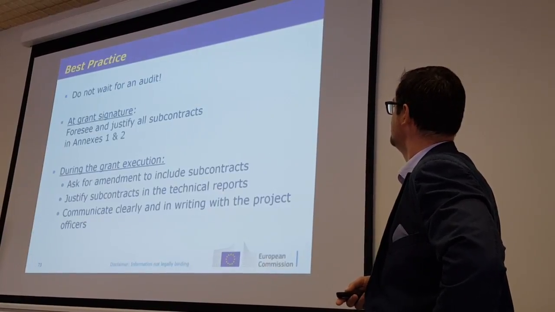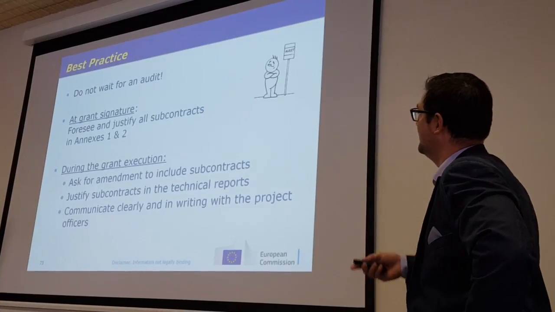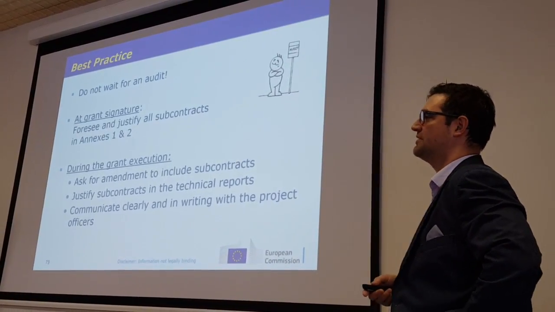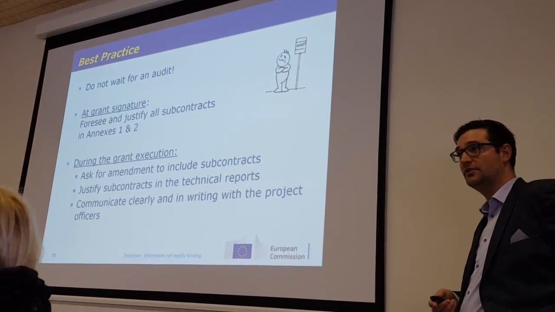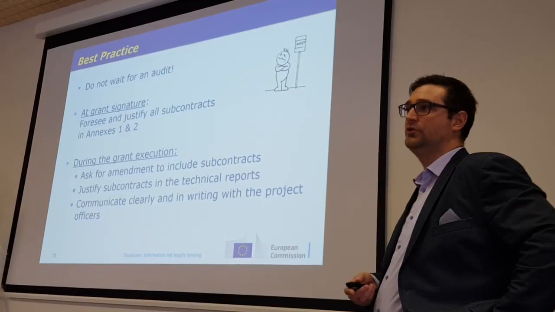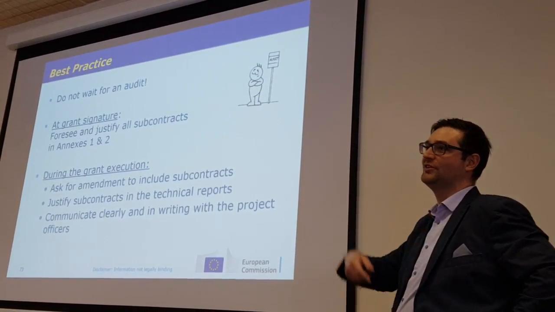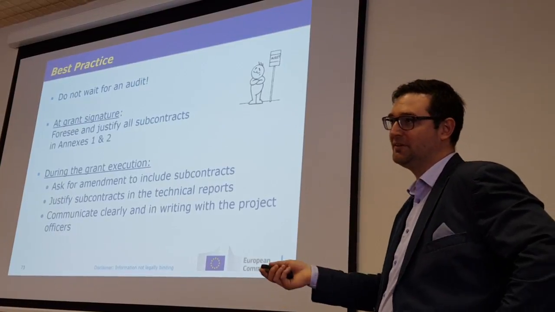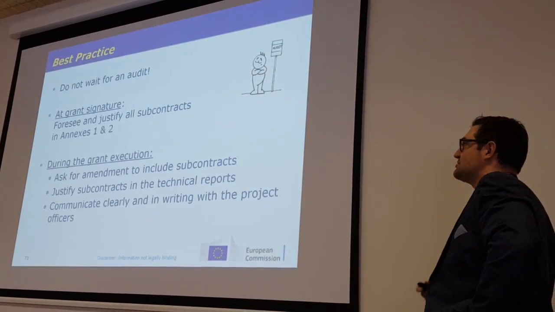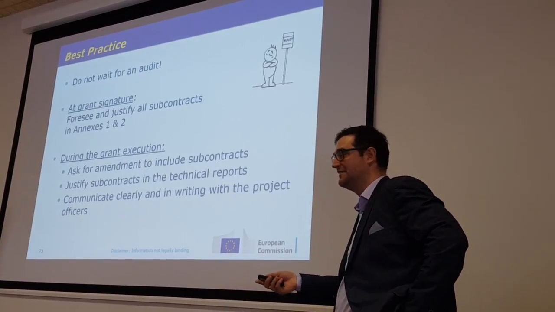I'm going to skip this. Again, be clever. Foresee and justify all subcontracts in Annex 1 and 2 before signing the grant agreement. Because if you do it before, you do not have to come to a negotiation with the Commission during the implementation about whether they will allow you to sign the amendment and include the costs under the subcontract.